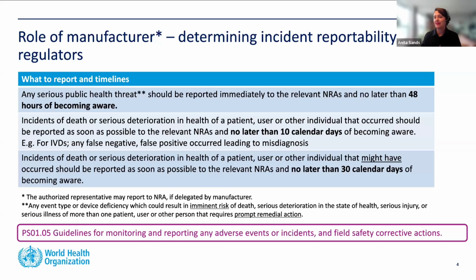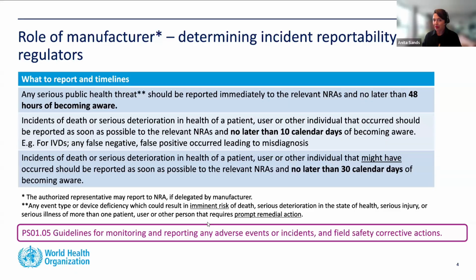So we have here that if it's a serious public health threat, that should be reported within 48 hours. So the manufacturer would report to the regulator no later than 48 hours. And we have here at the bottom a definition of a serious public health threat. It's really around imminent risk of death for one or more people.